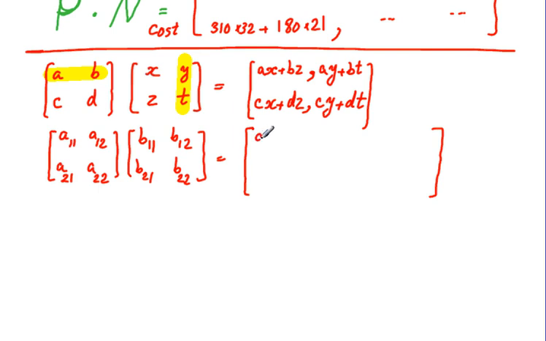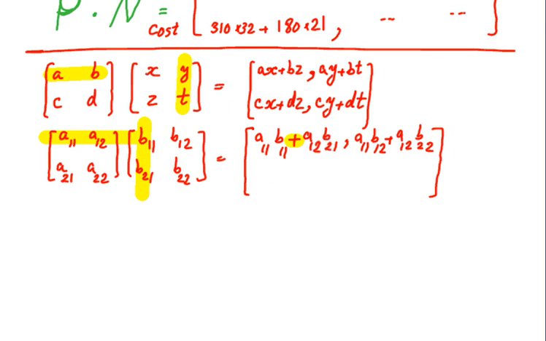I'll have A11 times B11. So who are we multiplying? We are multiplying this fellow with that fellow. So we have, who is the next entry? A12, is that right? B21. Next, I got first row with the second column, so I'll have A11, B12 plus A12, B22.